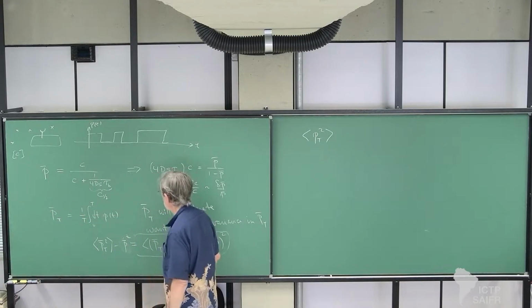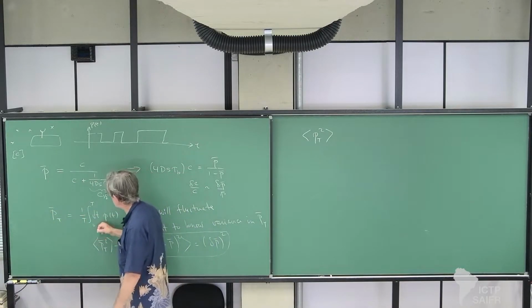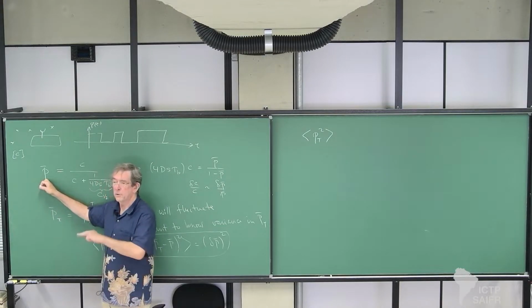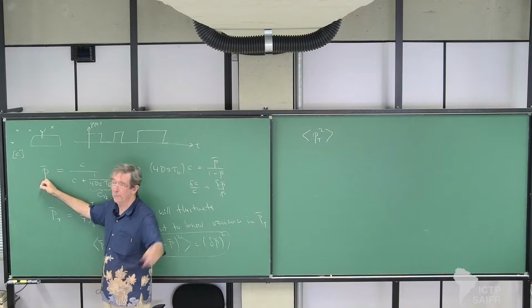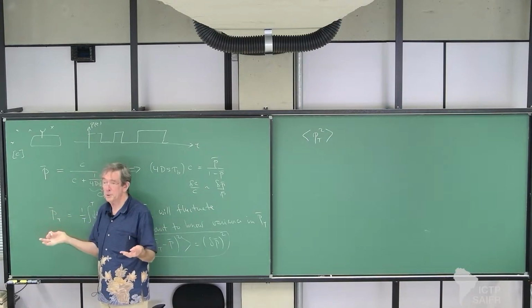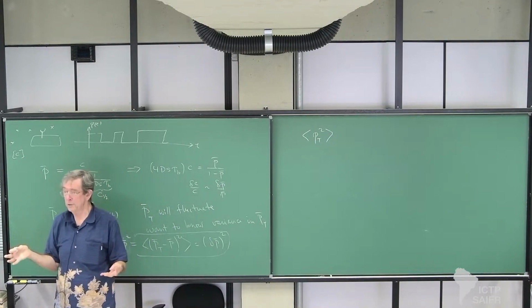So my issue is quantifying the difference between the true average, averaging over all time, and the actual approximate average that I have access to. That's my problem.